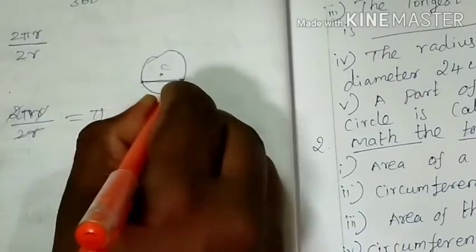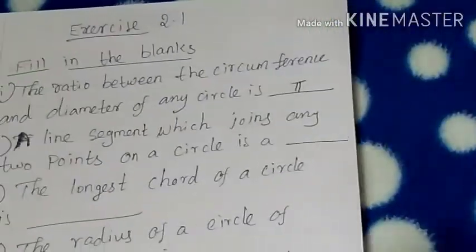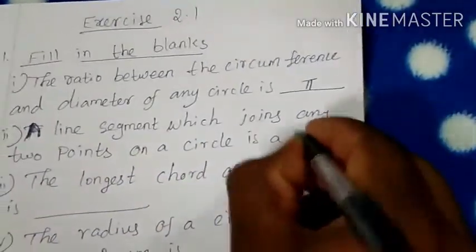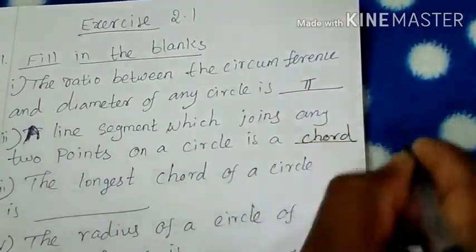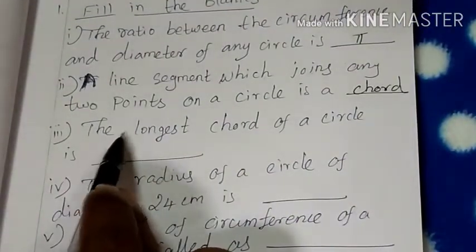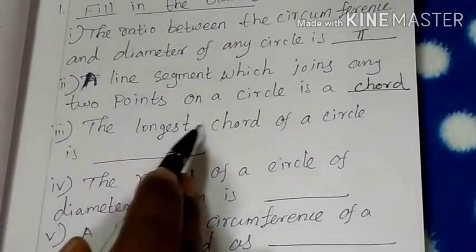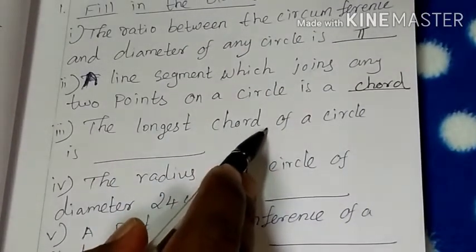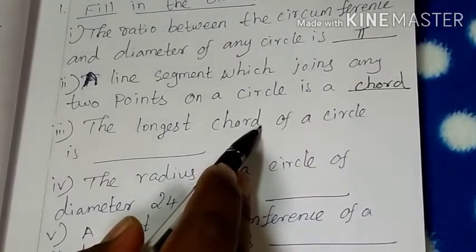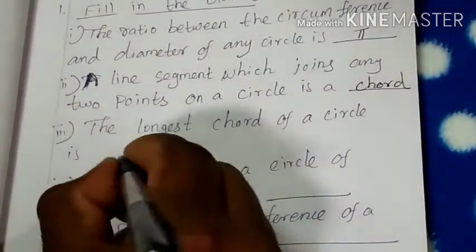This is the chord definition. So the answer is chord. Then the third question: the longest chord of a circle is the chord passing through the center. The chord passing through the center is a diameter. This is also a definition.